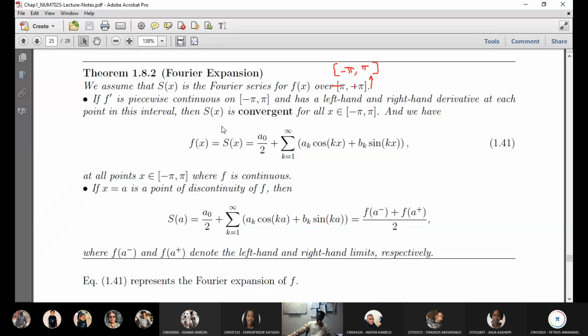The first derivative has to be piecewise continuous like f. Besides that, you need f prime, the derivative, to admit the left-hand and the right-hand derivative at each point of the interval negative pi to pi.